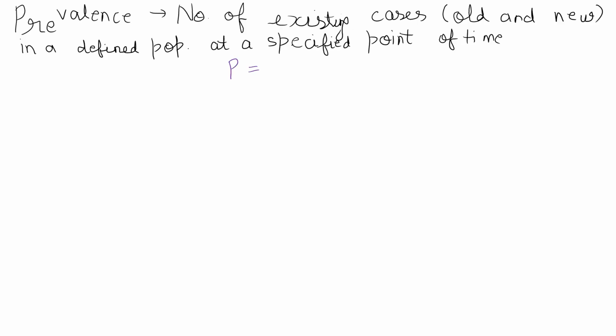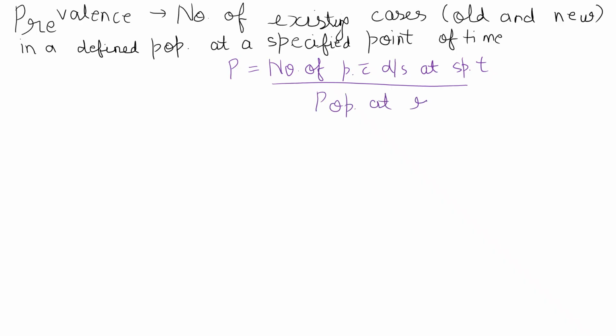Prevalence is defined as P, number of people with disease at specified time upon population at risk at the specified time. Okay, this you can multiply by 100 to get the prevalence in a percentage form.